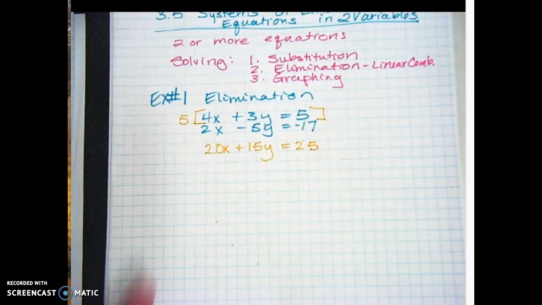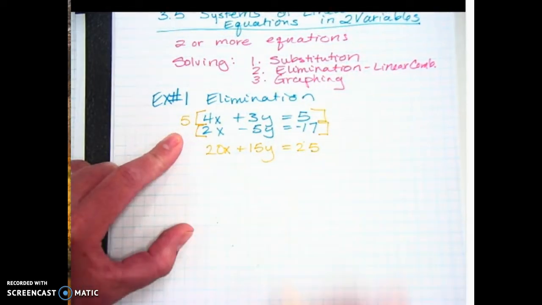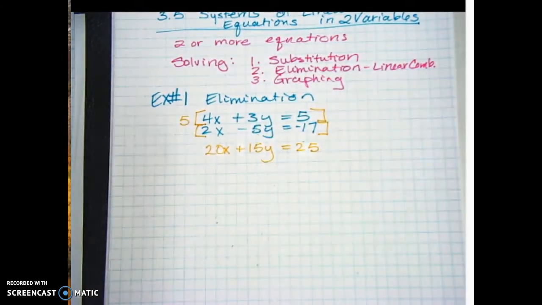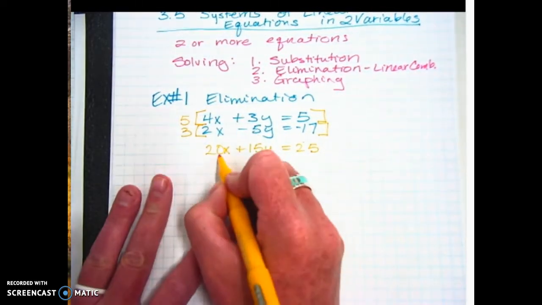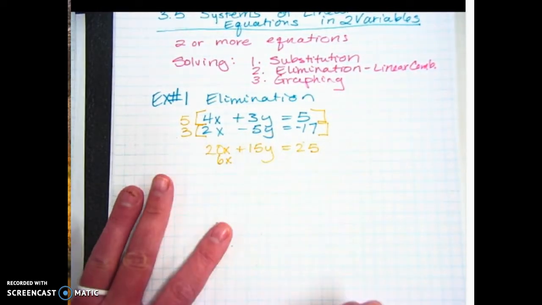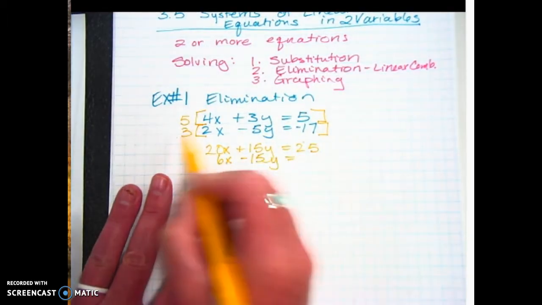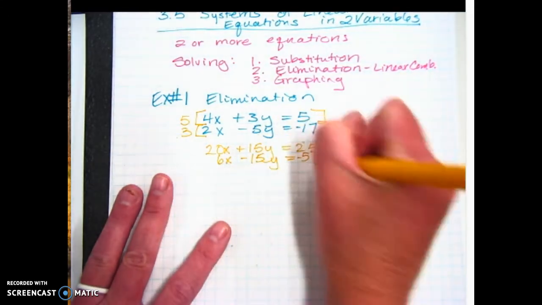Then I'm going to take my second equation, and I want to get my y's opposite, so what would I multiply the second equation by? 3. So 3 times 2x is 6x. 3 times negative 5y is negative 15y. And 3 times negative 17 is negative 51.